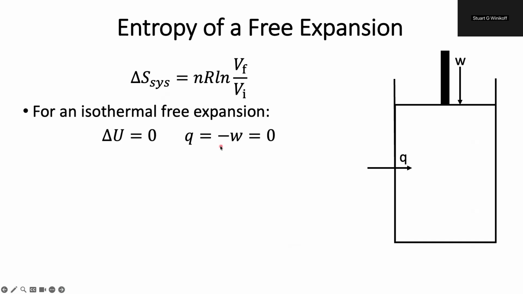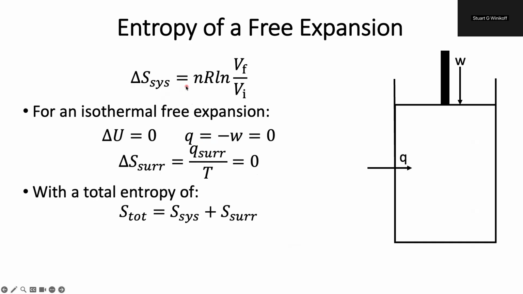It's expanding freely against no opposition. And that means if we have no work, we have no heat. So it turns out that if I'm looking at a free expansion, the entropy of the surroundings is 0 because I don't have to pull in any heat from the surroundings to drive this expansion. The expansion literally just occurs naturally because there's no opposition.